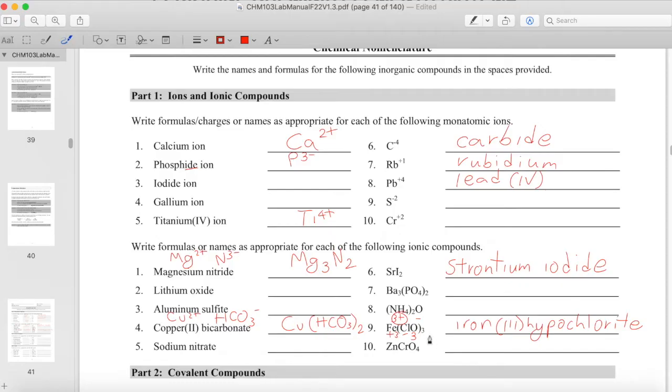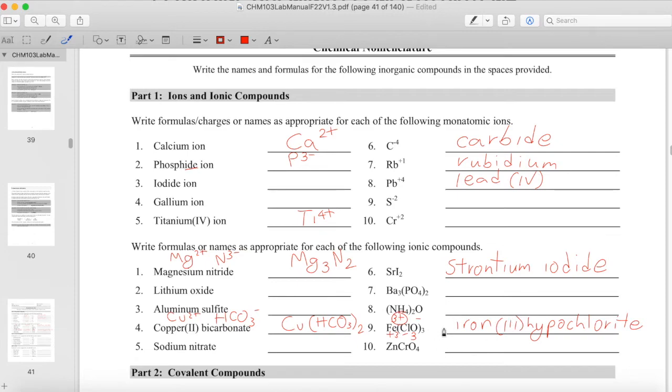Okay. A common mistake that students run into on problems like this is they see a number in the formula and they automatically want to put that as the Roman numeral. Now, sometimes that works out.